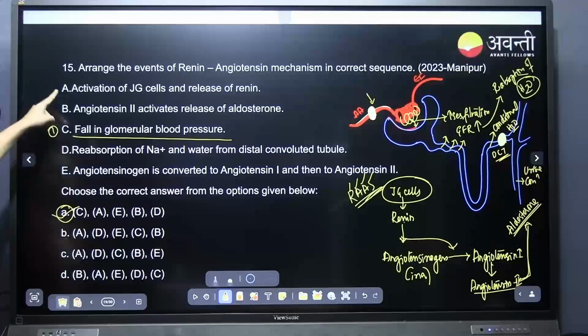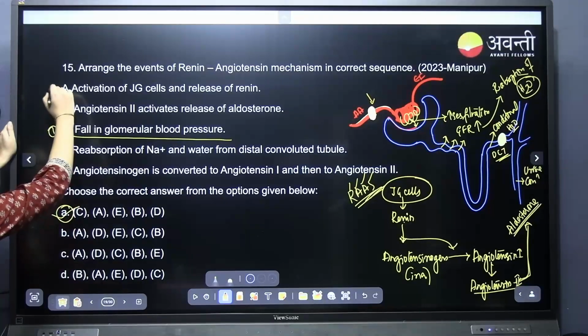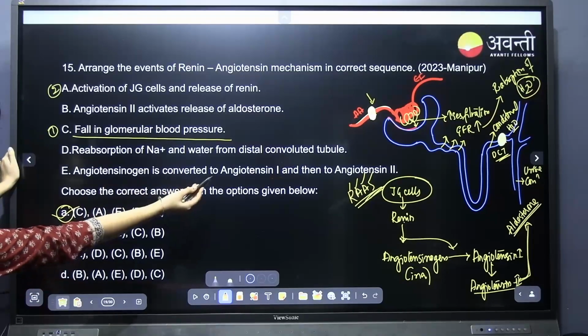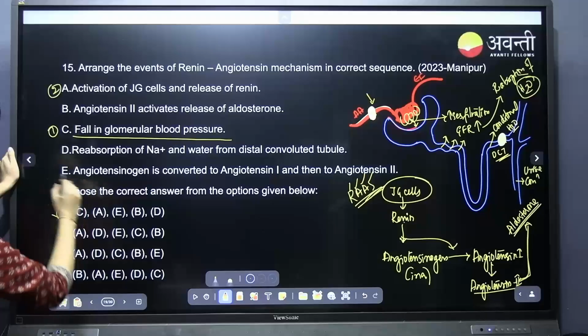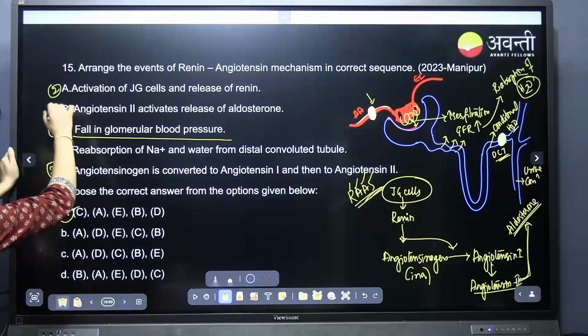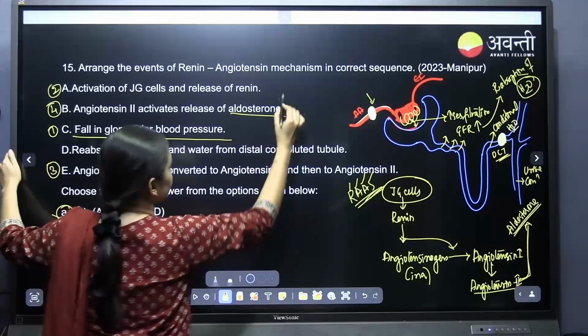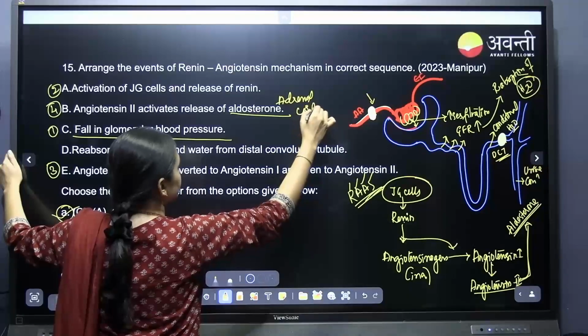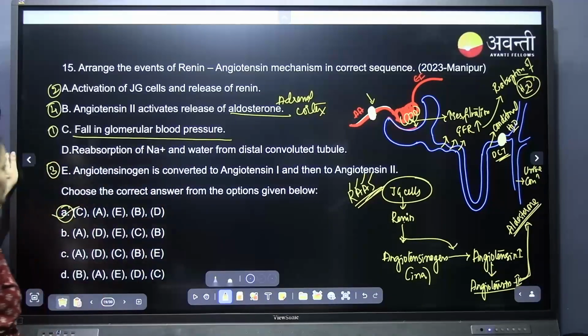C. Then activation of JG cells and release of renin is 2. Angiotensinogen is converted to angiotensin 1 and then to angiotensin 2. This is 3. Then angiotensin 2 activates the release of aldosterone. From where is aldosterone released? Adrenal cortex.